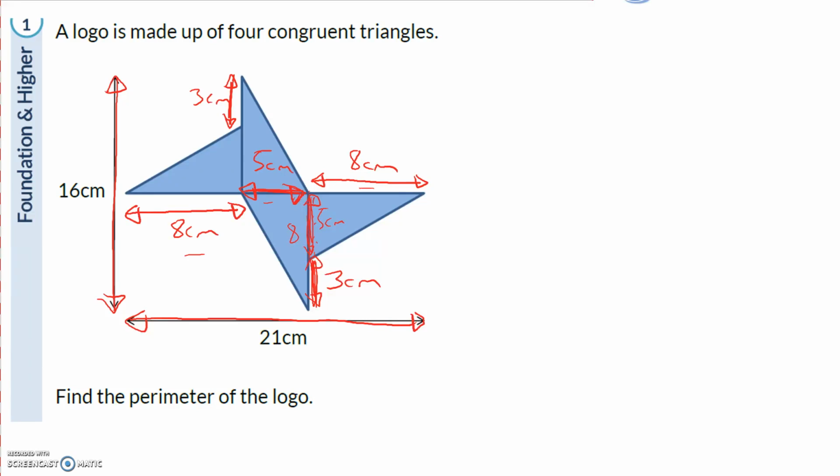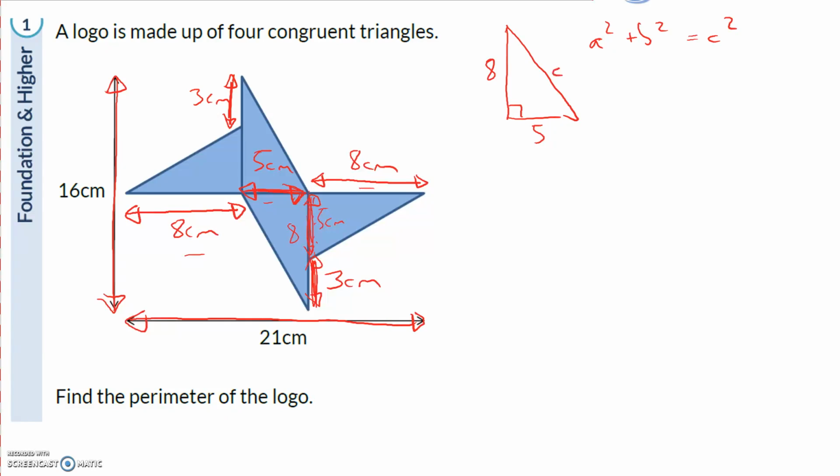So that only leaves us the hypotenuse of each of those 4 congruent triangles. So that's the trickiest bit, but we're nearly there. Let's take that top triangle. We know that in that top triangle we've got a right angle there, and we know we've got a length of 8 and a length of 5. So it's looking to me that we need Pythagoras to work out the length of our missing side, the hypotenuse. And we know that a squared plus b squared equals c squared.